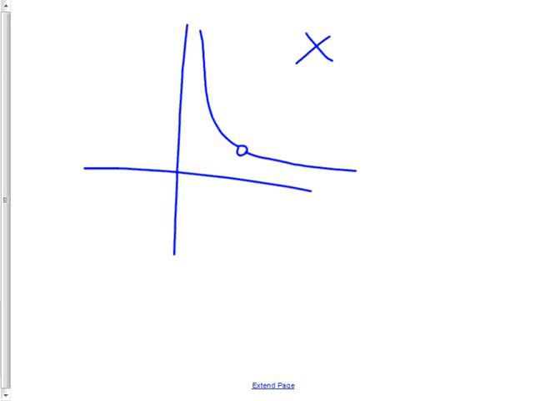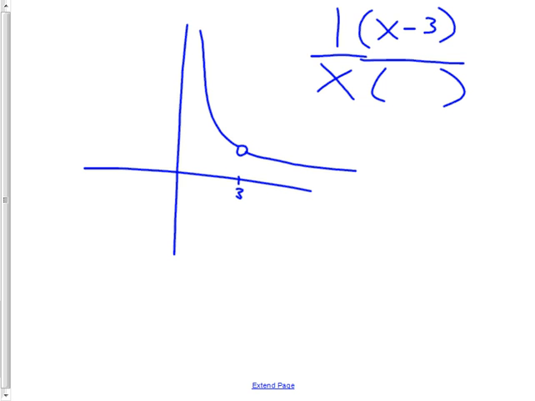This one, I'm going to tell you exactly which one this one is. It's 1 over x, where I want it to have a hole at about 3. And so to make a hole at about 3, I just have to go like this. If you were to graph this equation that I just wrote on the board, and by the way, you'd have to have parentheses around the whole bottom whenever you put that in the calculator.